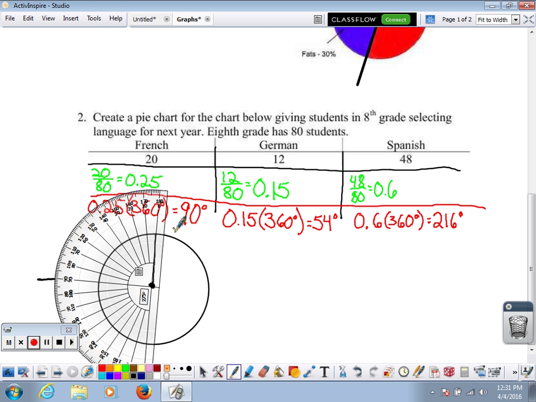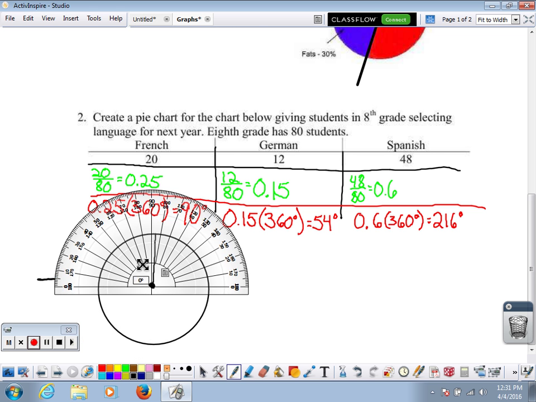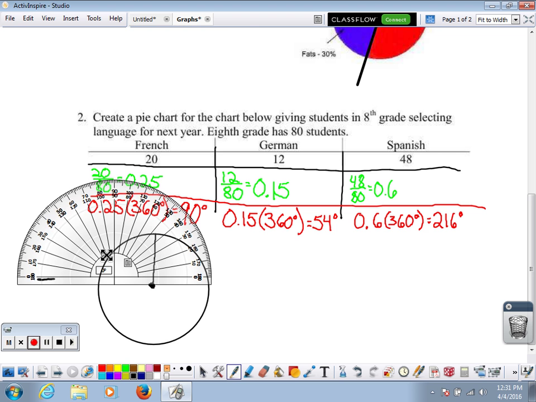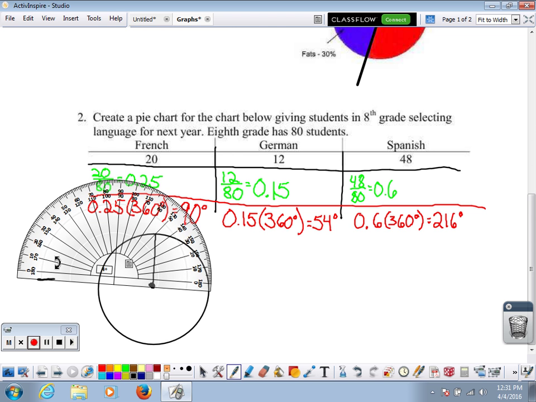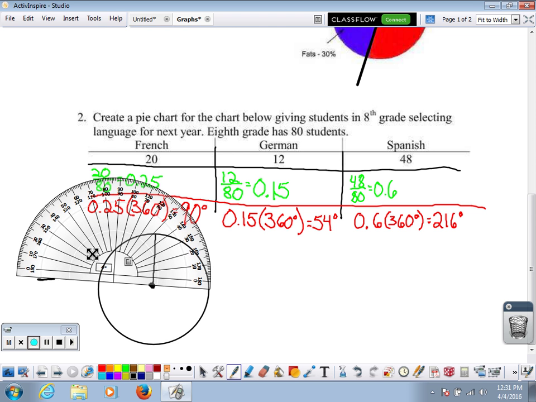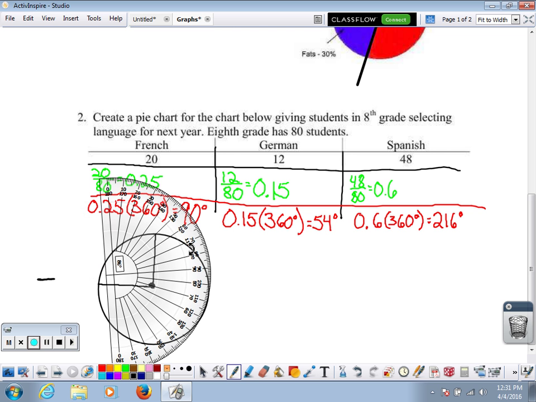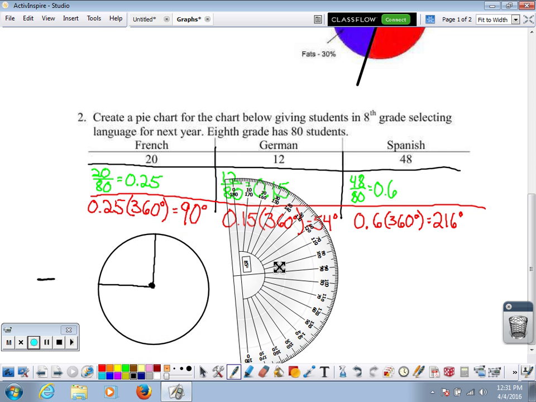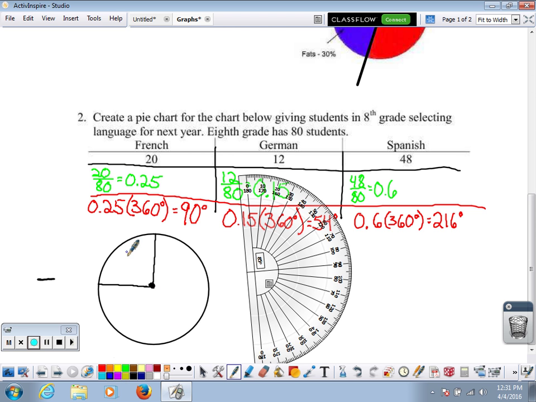Then we're going to use the straight edge side of the protractor to draw a line from the center out to our mark, so that we can get a nice straight line. And we can mark that as the 25% who chose French.